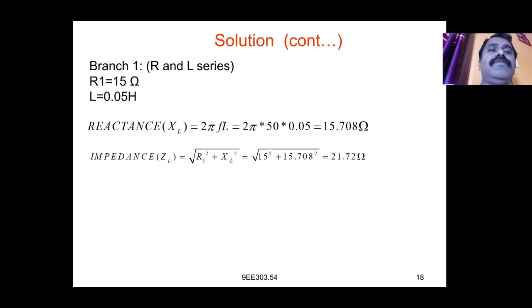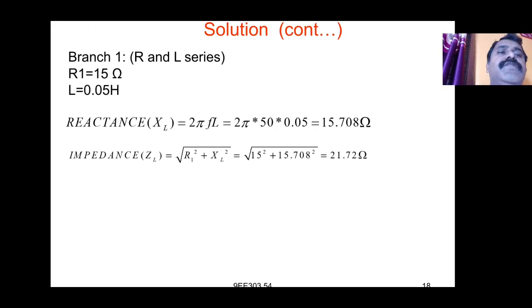So the impedance Z1 is equal to under root of R1 square plus XL square, that is under root of 15 square plus 15.708 square, which is equal to 21.72 ohms.